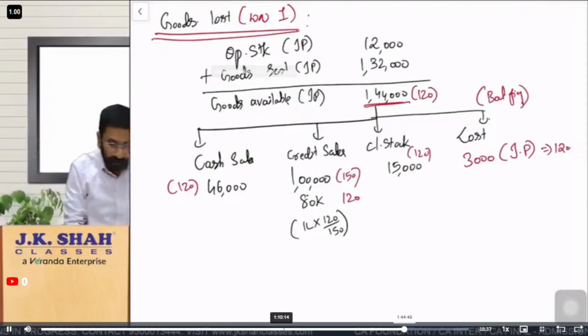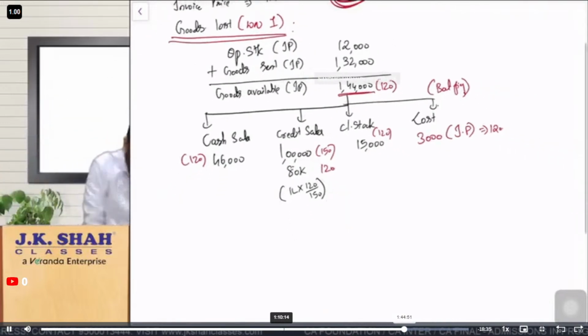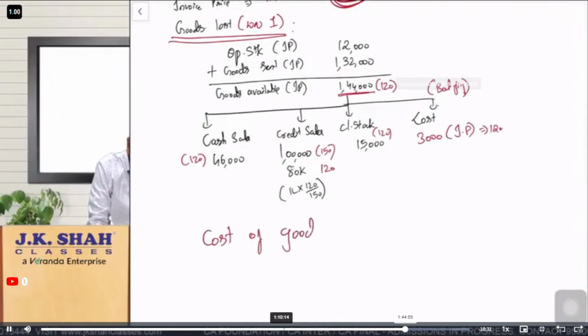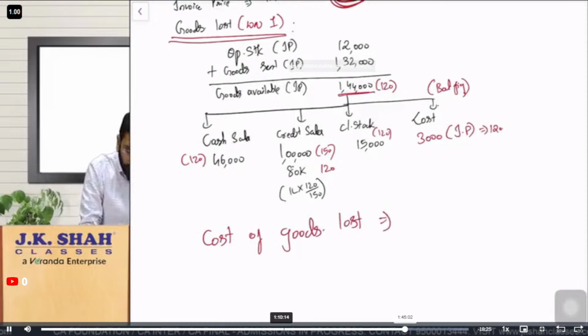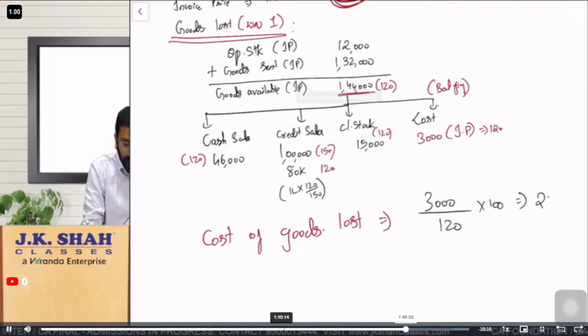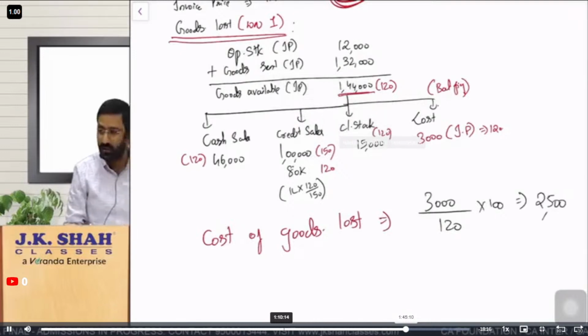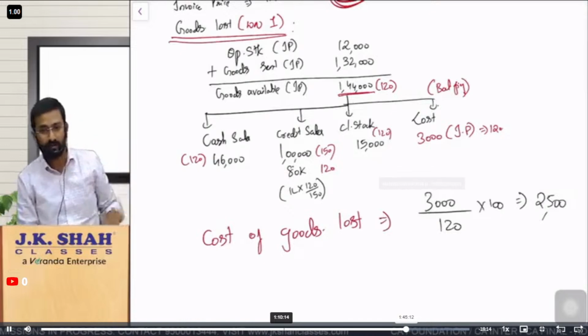Invoice price. So find out the cost of goods lost. This is 120 value. Cost should be 100 value. So cost of goods lost is 3,000 by 120 into 100. This is what will come in the trading account, removed from purchase, and on the debit side of the P&L account.